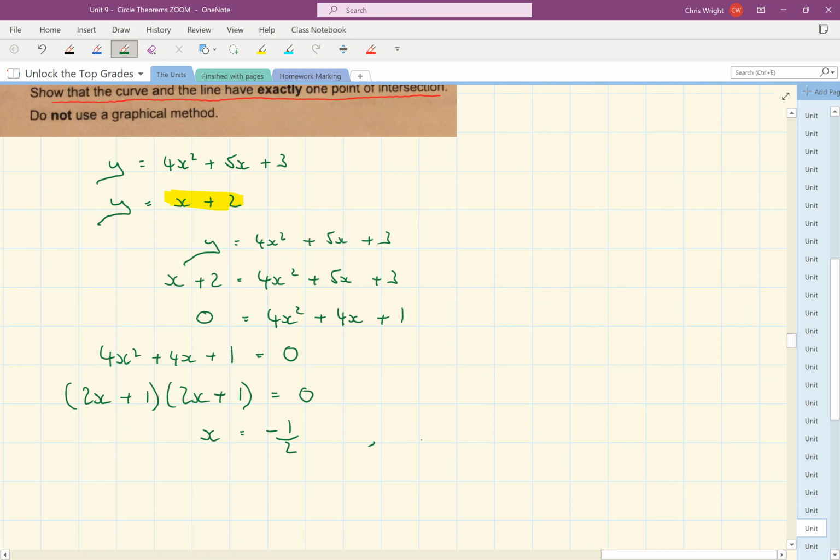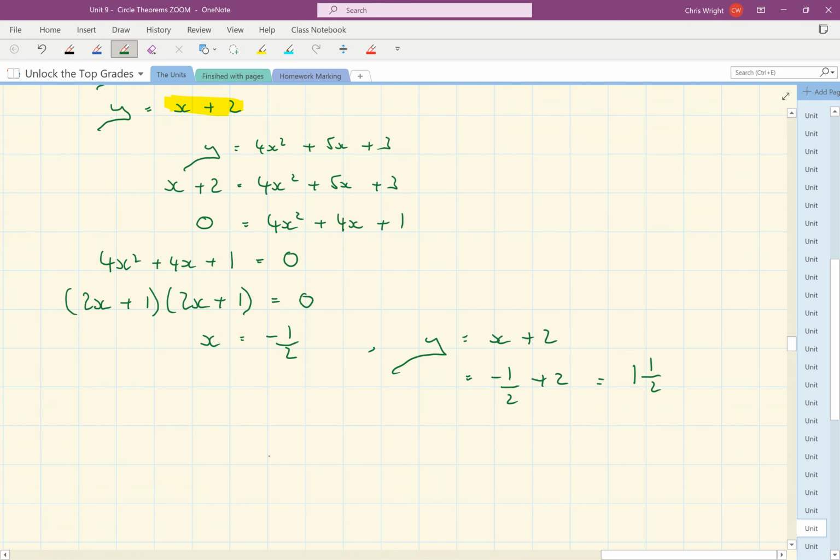But if I wanted to find the coordinates of that point, then I could use the equation y equals x plus 2. I know that x is minus a half, so I know that y would be 1.5. So my point of intersection is the point minus a half, 1.5.